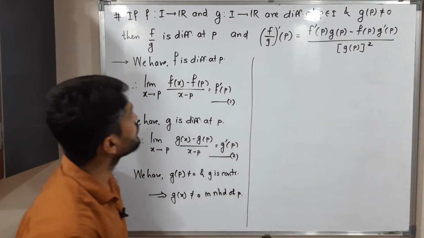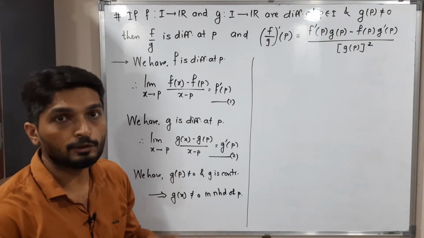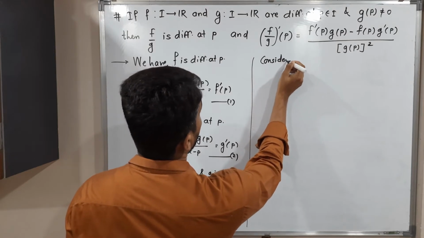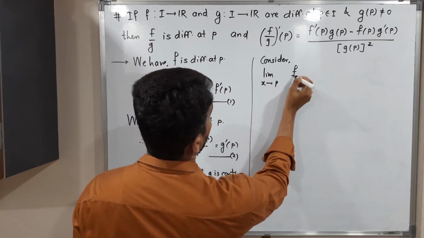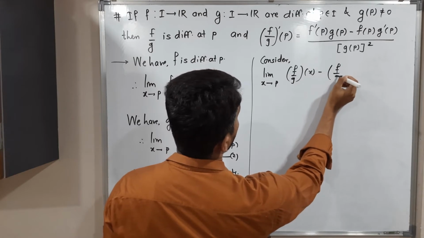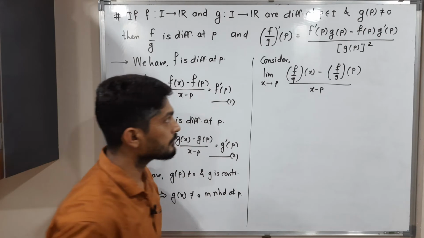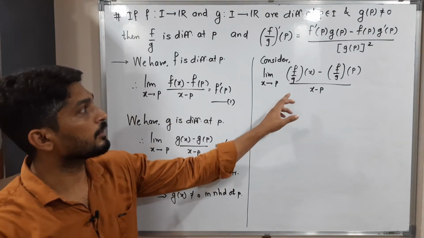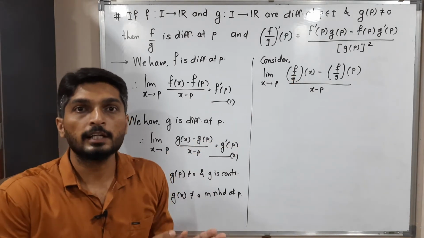Our target is to prove that f upon g is differentiable. I will use the same definition to prove the function is differentiable. So for that we should consider the limit x tends to P, f by g of x minus f by g of P divided by x minus P. If this limit exists, we say that the function f upon g is differentiable at P. So now our target is to prove that this limit exists.